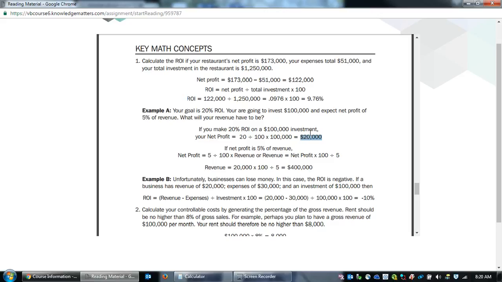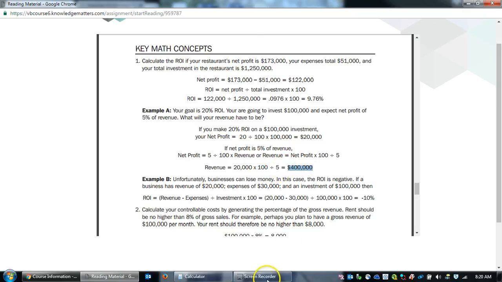Now it's saying if net profit is 5% of revenue, how do we calculate that? Well, we take the net profit that we made, which was 20,000, times it by 100, and divide by 5, and that equals 400,000.